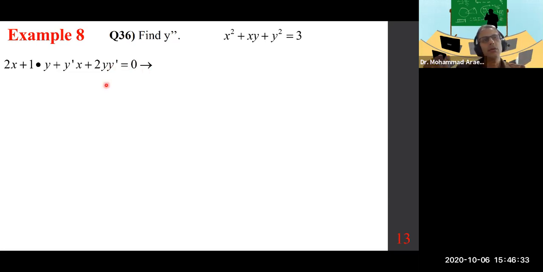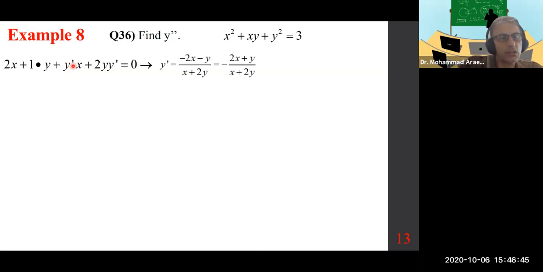Okay. Now, you can solve for y prime easily by putting these two together and factoring the y prime, taking the rest to the other side. That shouldn't be a problem. I hope everybody understands how this is done. Just quickly, this part, class, is y prime times x plus 2y, okay?